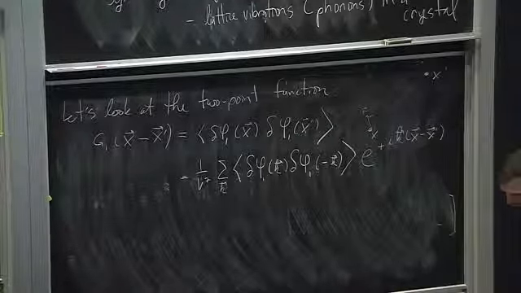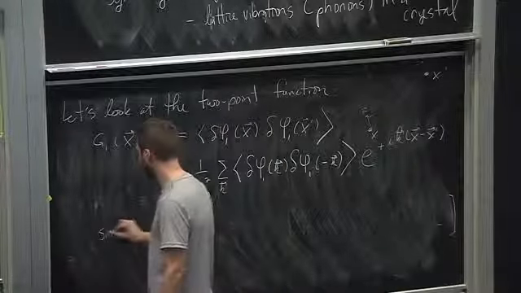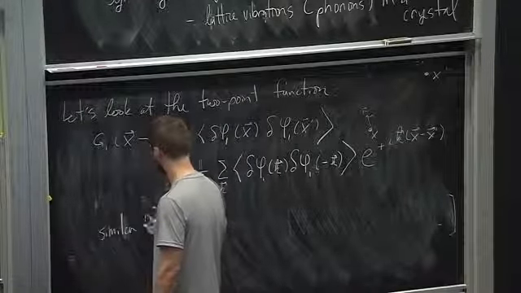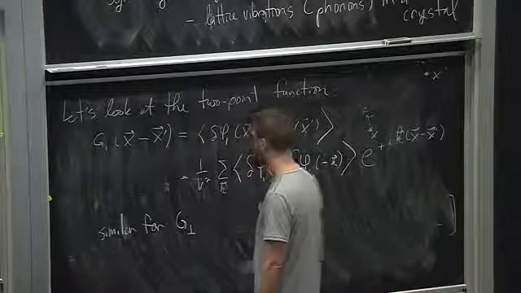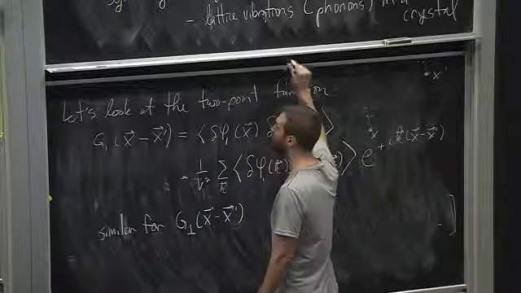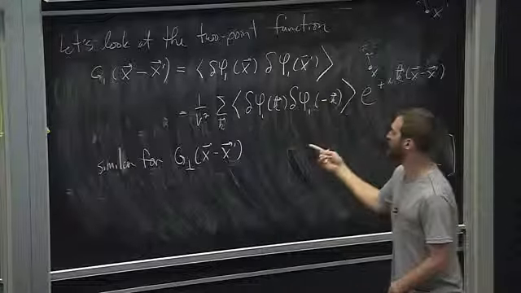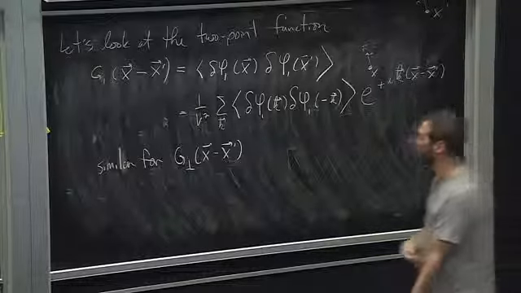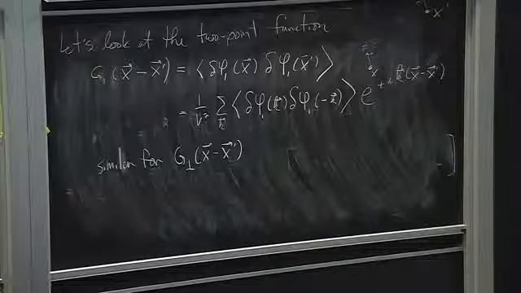And I can do a similar thing for G perp. Okay, so I need to take that Gaussian expectation value, where that expectation value is defined with respect to this action here.